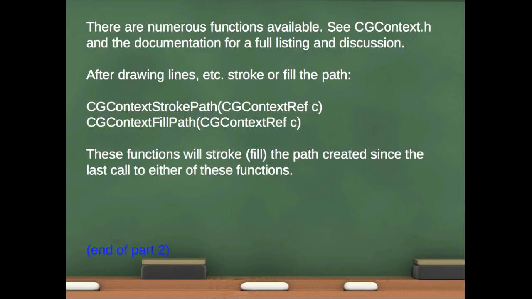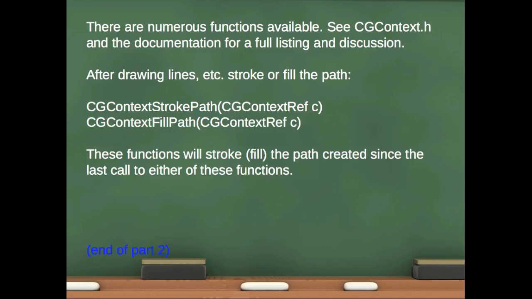Now, we can get to this by using a command click on one of these functions or option click to get to CGContext.h. And we can also go to the Core Graphics documentation for a listing and a discussion of all of these functions.